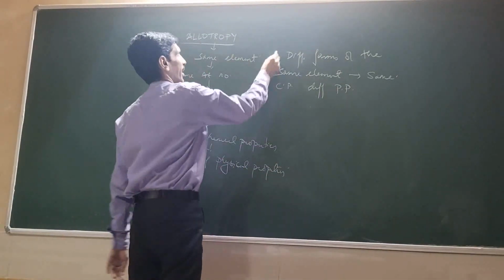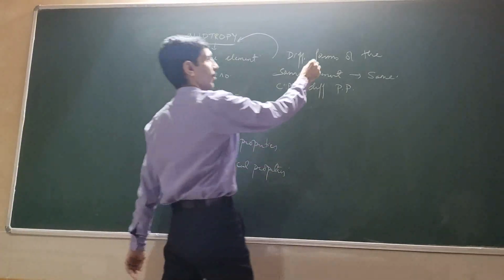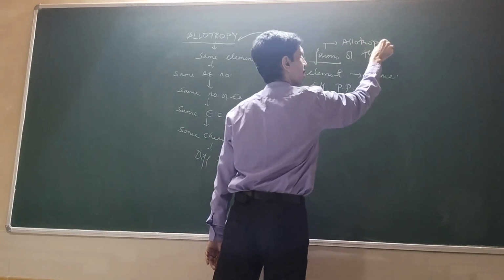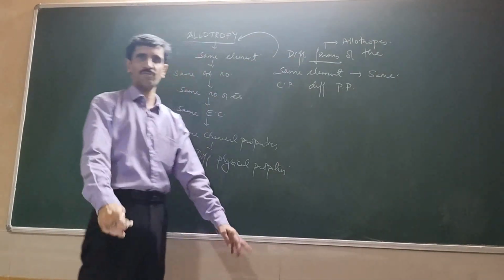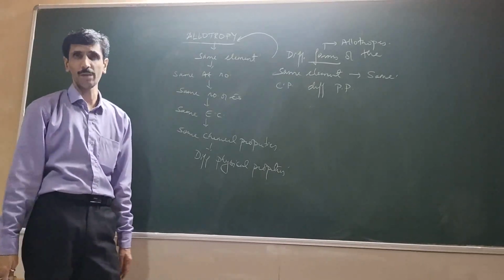That is known as what? Allotropy. And those forms are known as allotropes. I hope you understood what allotropy is all about.